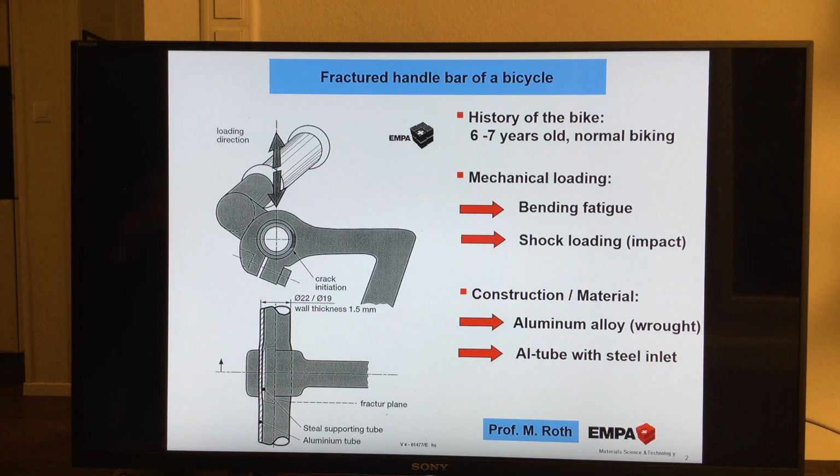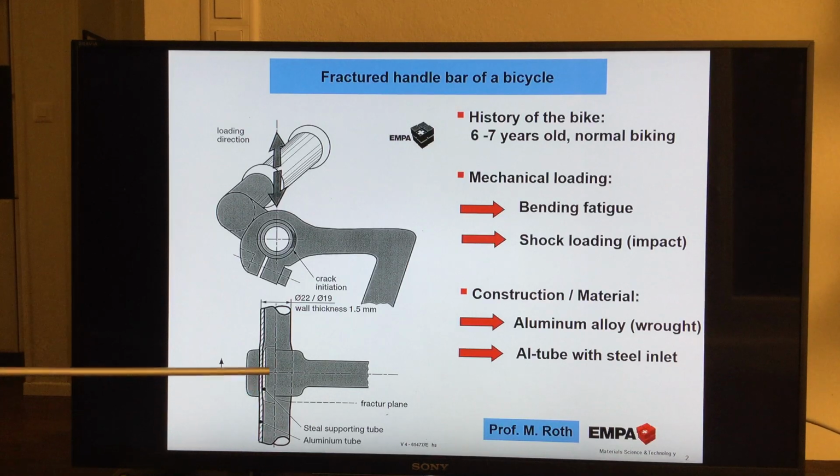We already start to think what kind of influences can be on this kind of fracture. It will be very interesting to find out later the real reason. But one influence you may think of already: what do we know about two different materials in contact? There is first an aluminium tube and inside a steel inlet.